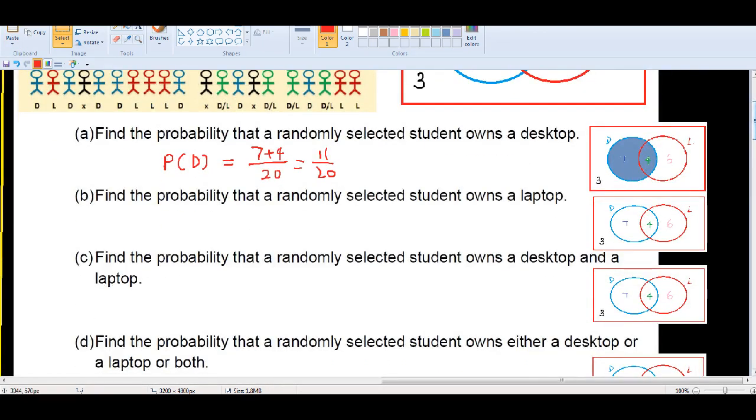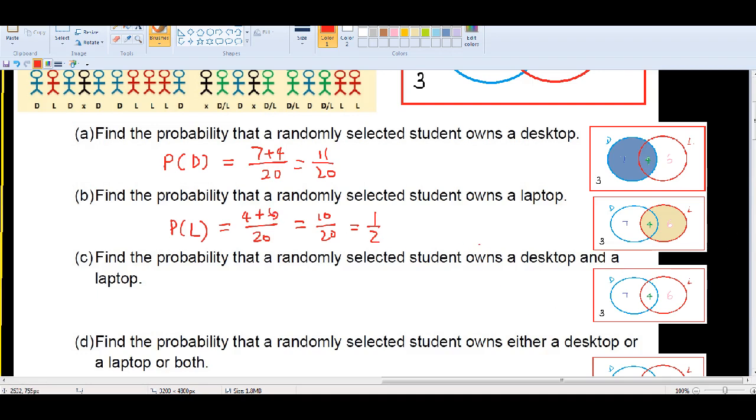So let's see. If we only consider students who own a laptop, here should be the number. It should be 4 plus 6, so laptop is 4 plus 6 divided by 20, 10 over 20. Use your calculator, you see that should be 1/2.